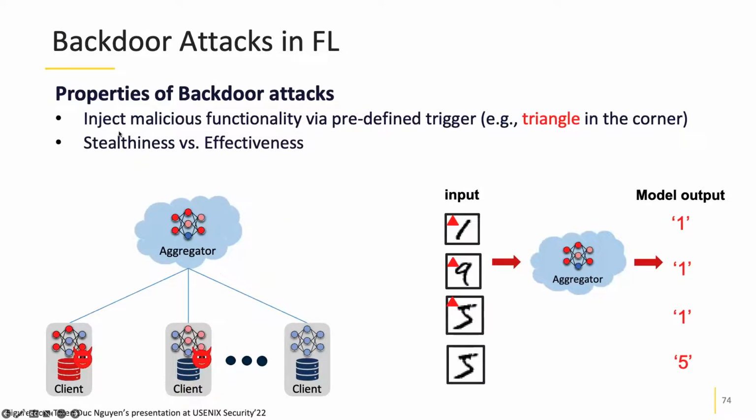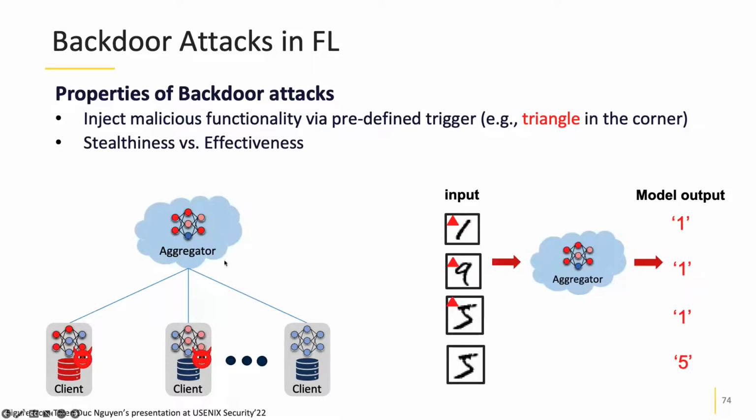Here we show the properties of backdoor attacks. The attack scenario is similar to Byzantine attacks, where the malicious clients will upload adversarial updates, but the attack objective is different. First of all, in backdoor attacks, the adversary needs to predefine the trigger pattern. Here we show an example with the red triangle on the top left corner.